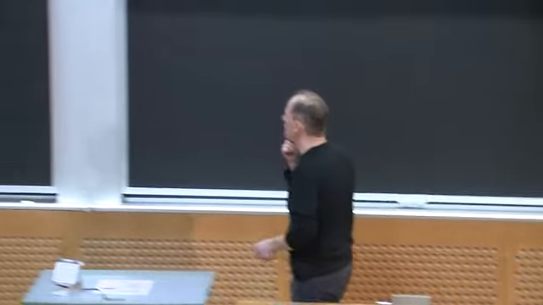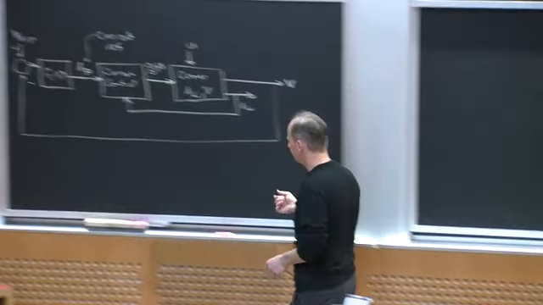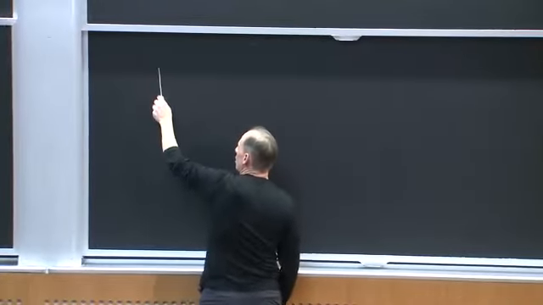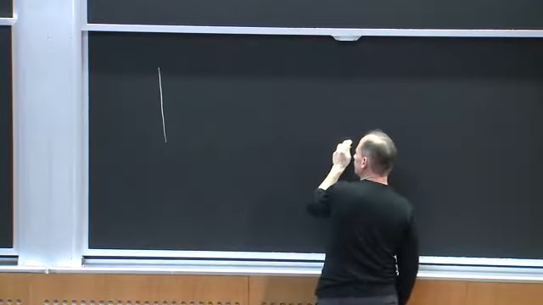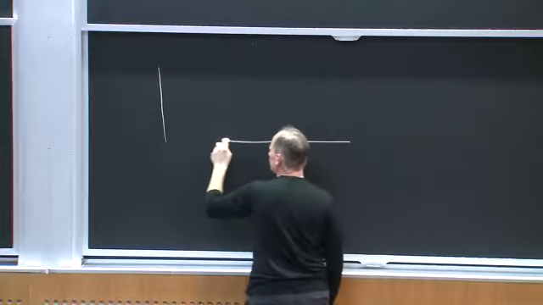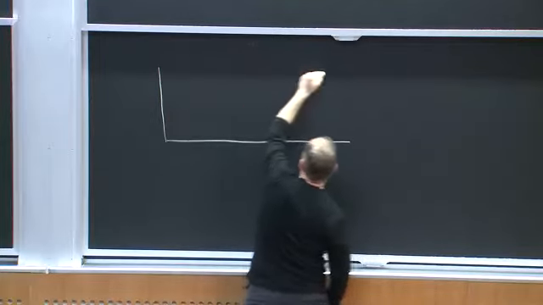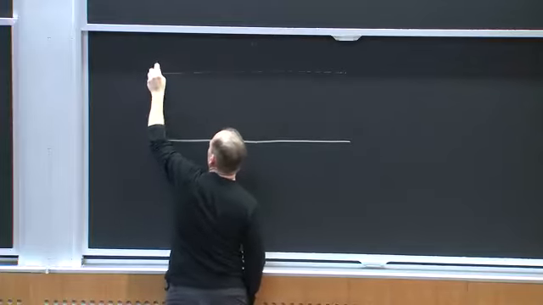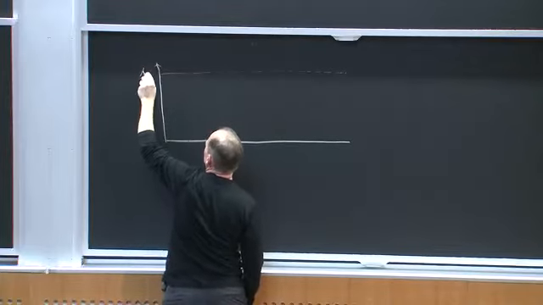All right, so how does this scheme work? Let me show you the basis of the scheme. It looks something like this. I'm going to have a current reference. Here's my current reference. Let me call this I peak.